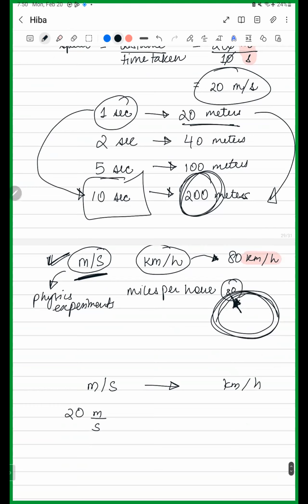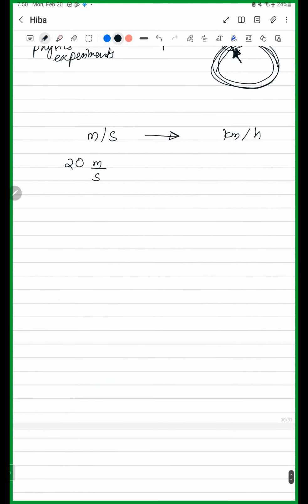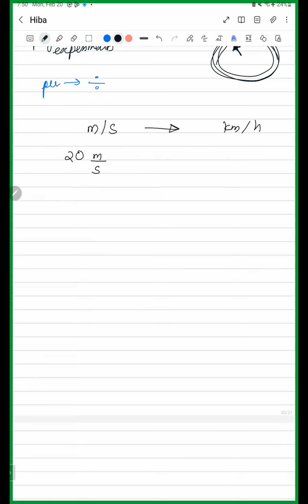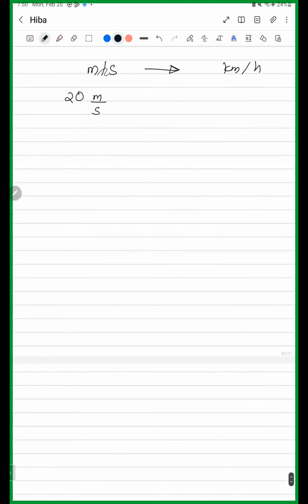Per means divided by. So per second, this sign is actually this sign. Fine.